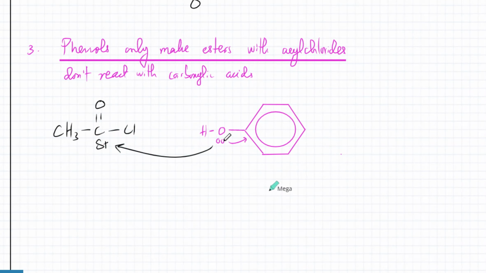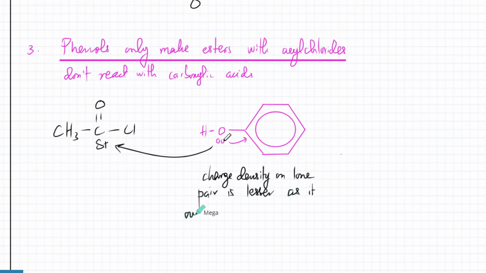The charge density on the lone pair is lesser as it overlaps with benzene's pi electron cloud.